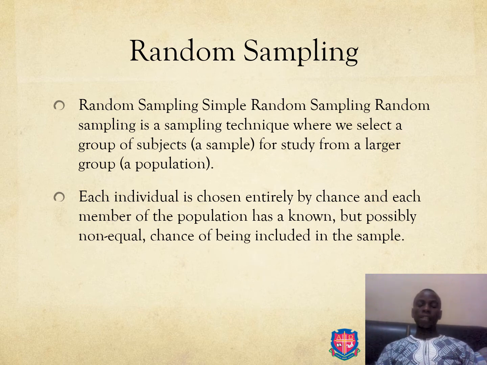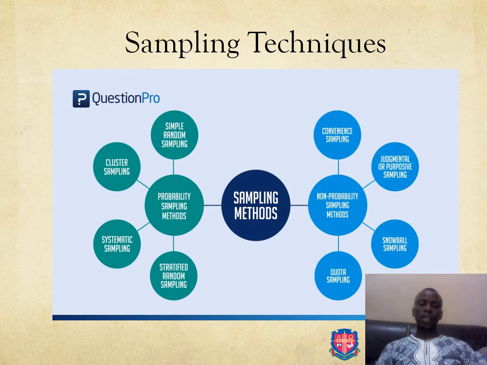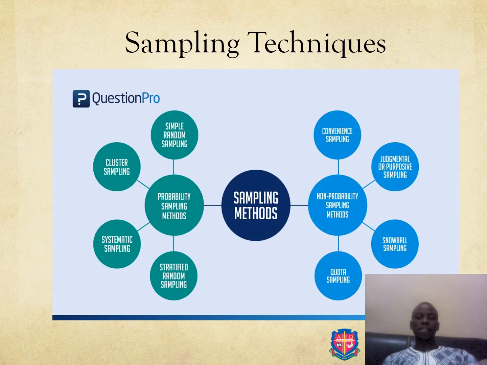What makes up random sampling? What are the different techniques under random sampling, those techniques under which every element has a chance to be selected? Here I have my figure, a diagram.